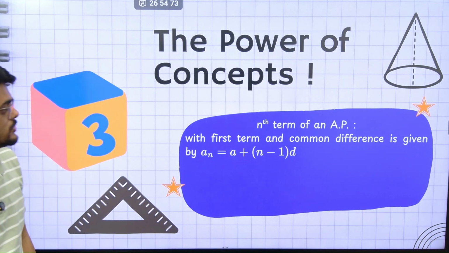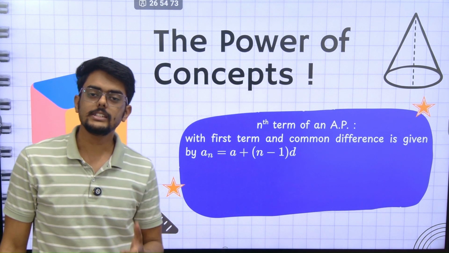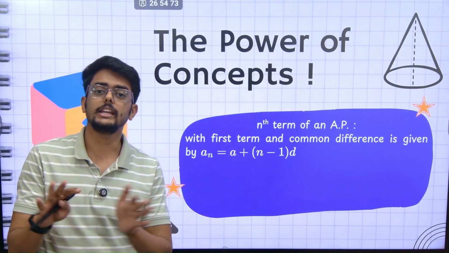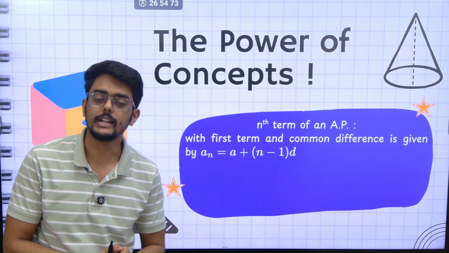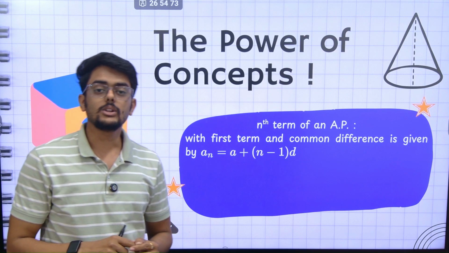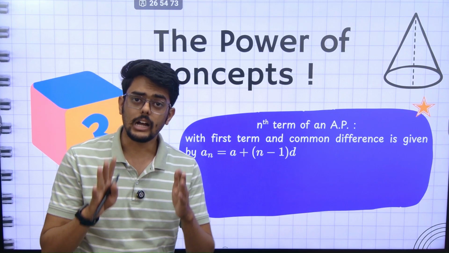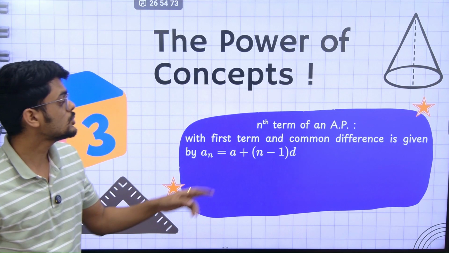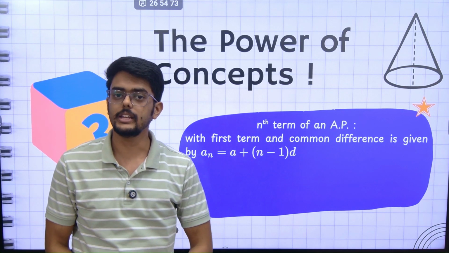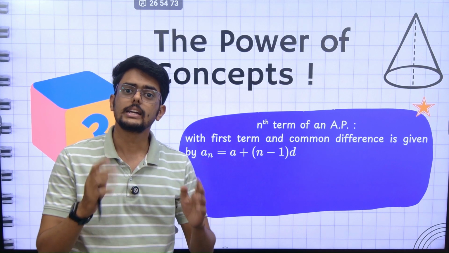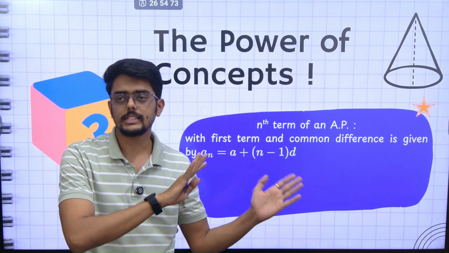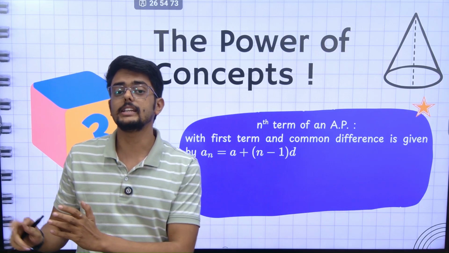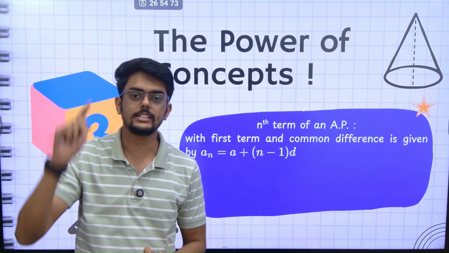Let's move ahead. Now, whenever you have an AP and the question or the examiner or the mentor asks you to find the nth term of an AP. For example, consider the same 100, 70, 40, 10, and I tell you to find the 10th term.